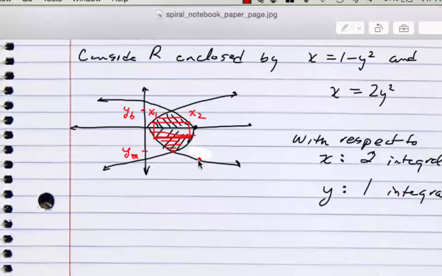Yeah, so when you integrate, you're summing up all the typical strips from the first to the last. So the first typical strip is at this y value, whatever that is, and you're going to need to solve for that y value right there. And then the last typical strip is going to be at this y value.